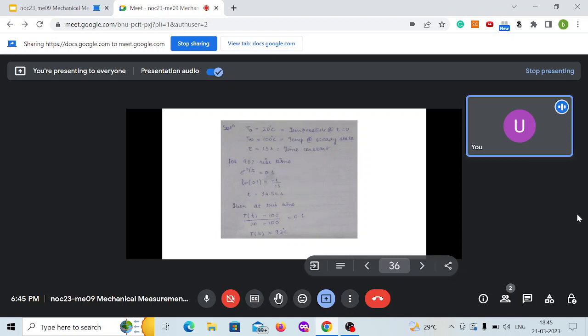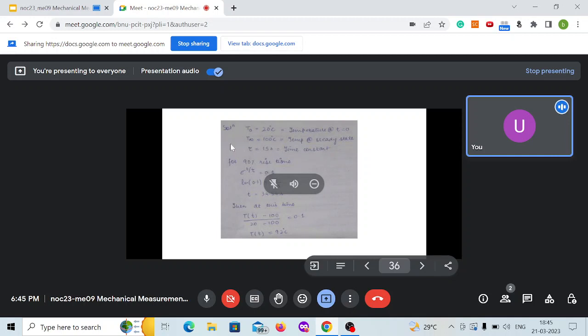So for a 90% rise in time, we have the temperature difference: theta by theta naught equals e raised to power minus t by tau. If you reach 90%, the temperature difference theta by theta naught will be just 10%. So theta will be 10% of theta naught.